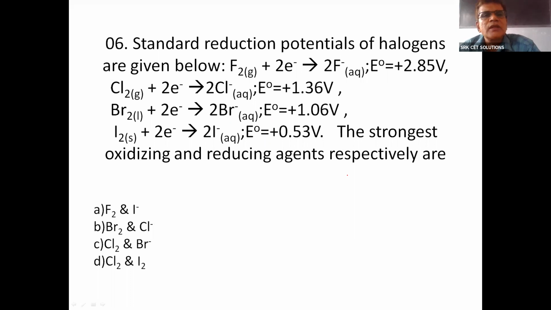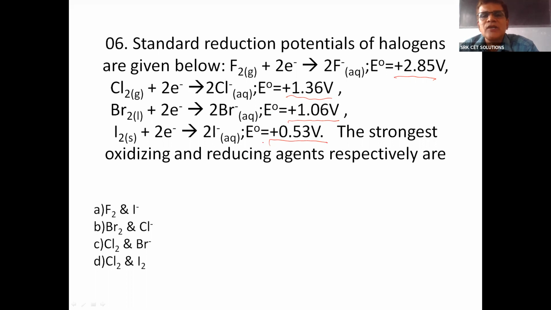Next question. The standard reduction potentials of halogens are given here. Family of halogens we have here. For all the halogens, SRP values are given. Just observe the values: plus 2.85, plus 1.36, plus 1.06, plus 0.53 volts. The strongest oxidizing and reducing agents.